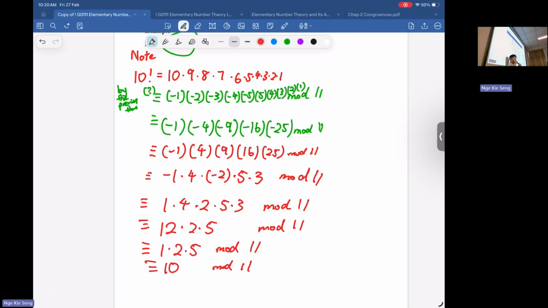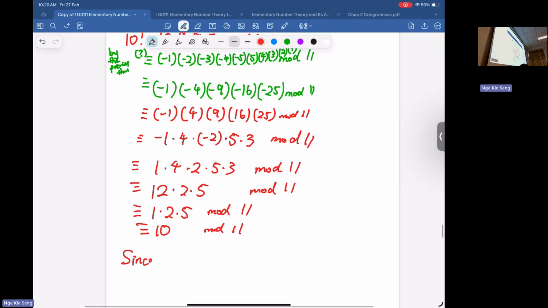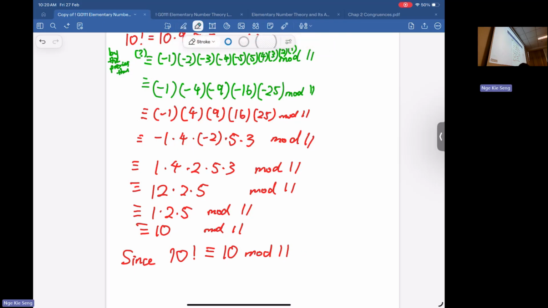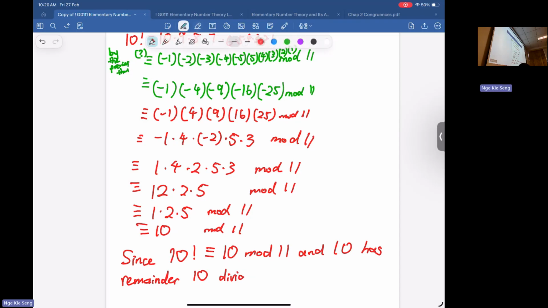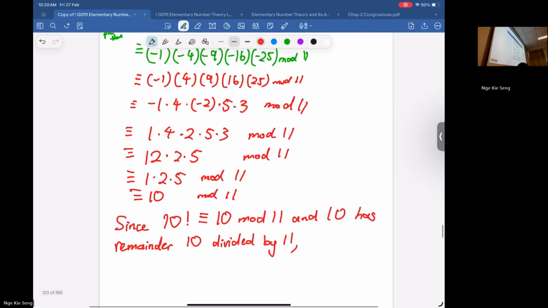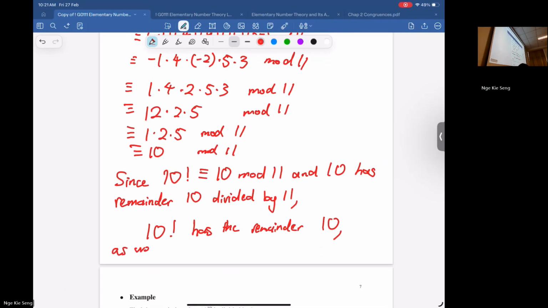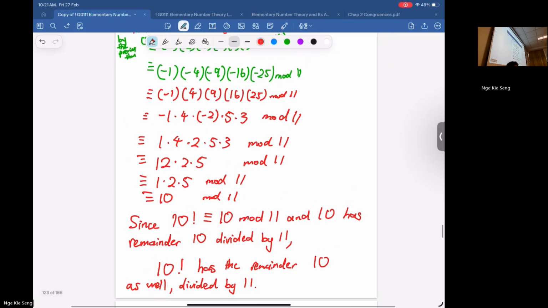What's the remainder of 10 mod 11? Just 10. So in this case, since 10 factorial is congruent to 10 mod 11, 10 factorial has remainder 10 when divided by 11. Any questions?